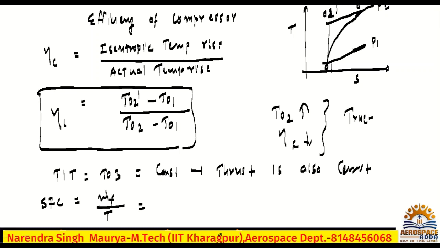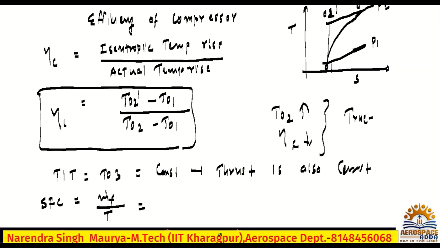All right. So if it is increasing, how can it increase? TIT you need to make constant. Then how will this T naught 2 minus T naught 1 be increasing? Because T naught 2 minus T naught 1 is the actual temperature rise.